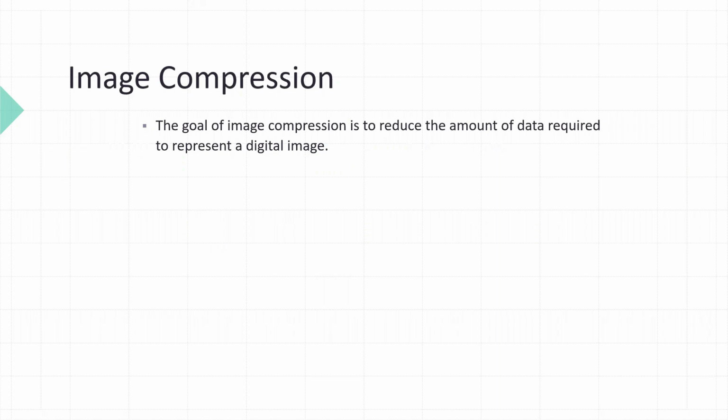It makes a big difference mainly during the transmission process as well as in the storage process. It shows a lot of change. That is the main intention behind the method called image compression in digital image processing.